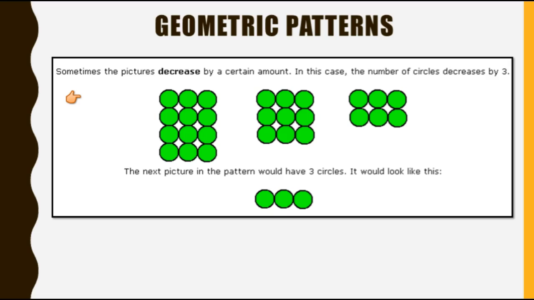And so here's an example of the shapes decreasing by a certain amount. You can see by just looking at it, this time the number of columns stays the same. They all have 3 columns, don't they? 1, 2, 3. But the number of rows is decreasing. This one has 4 rows.